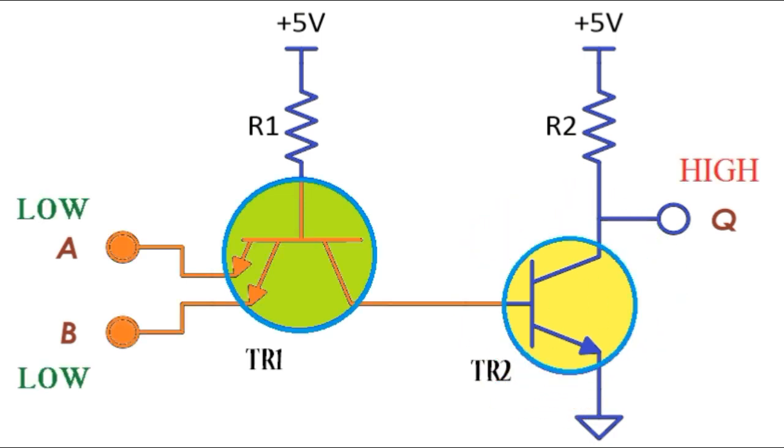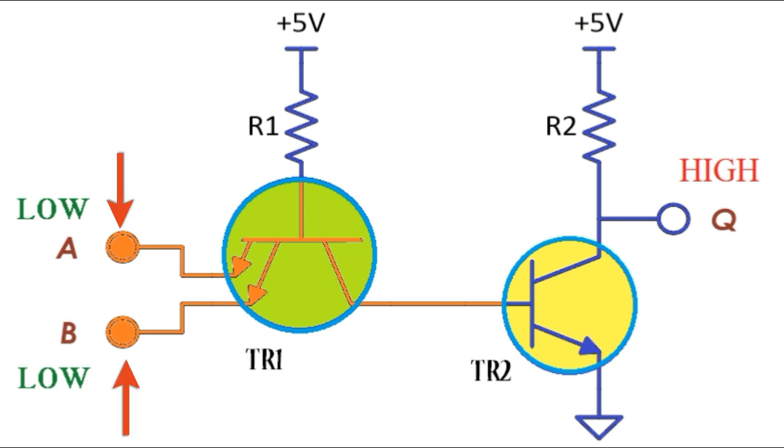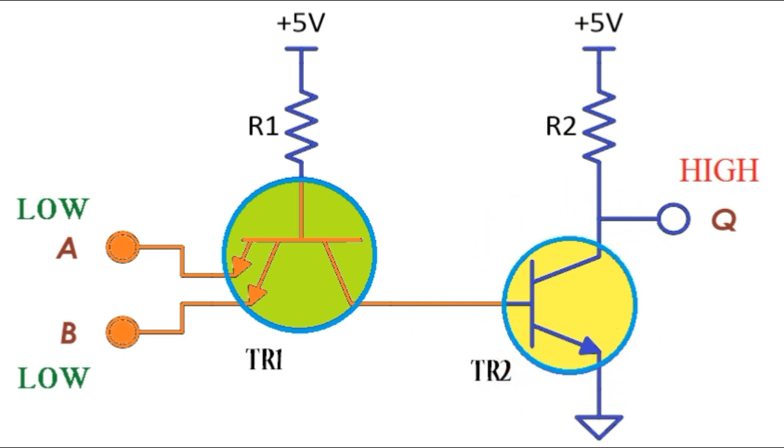When either or both of the emitters of TR1, representing inputs A and B, are connected to logic level 0, low, the base current of TR1 passes through its base-emitter junction to ground, 0V. TR1 saturates and its collector terminal results in the base of TR2 becoming connected to ground, 0V. Hence TR2 is OFF and the output at Q is high.